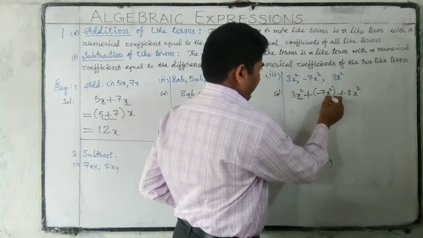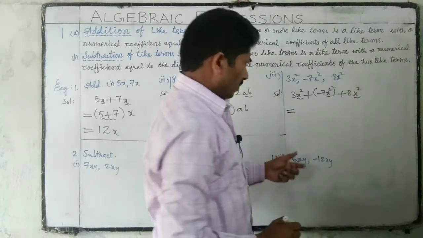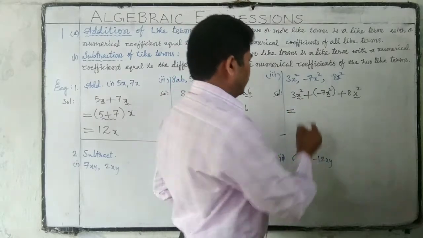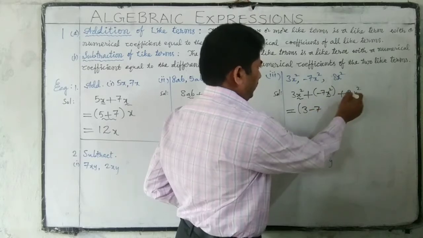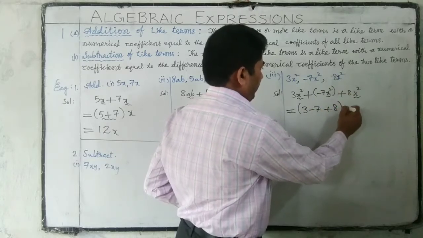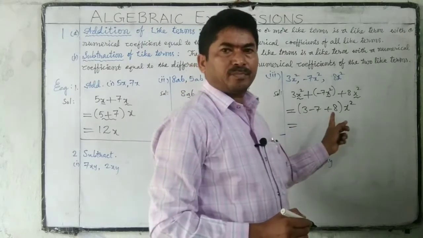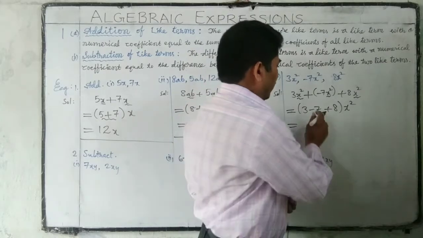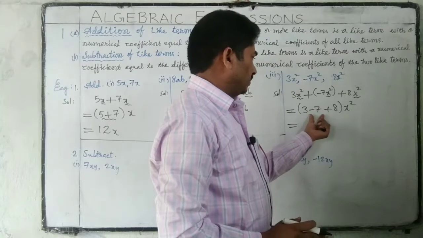So x square is common. We have to add the sum of all coefficients: 3 minus 7 plus 8, x square. We can add 3 and 8, or we can add separately.